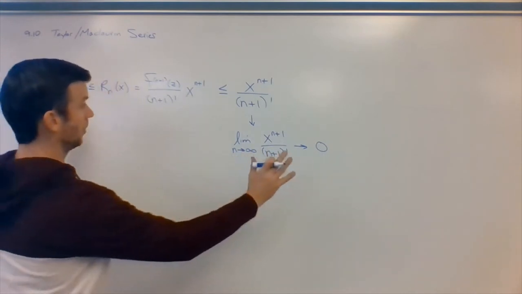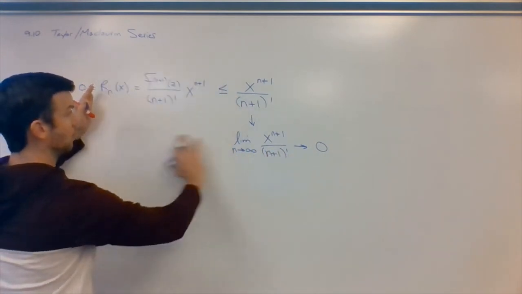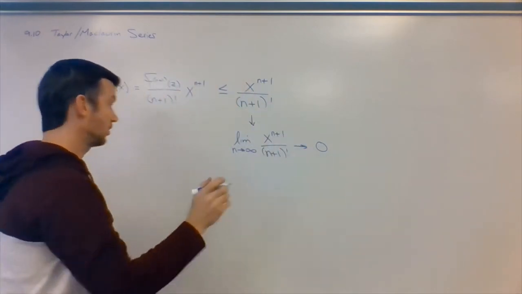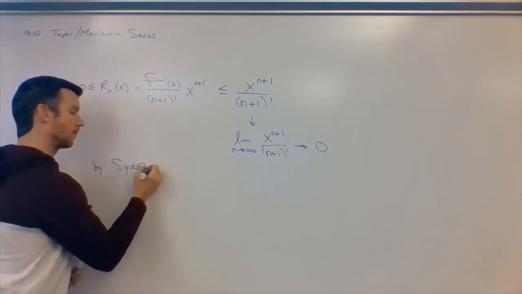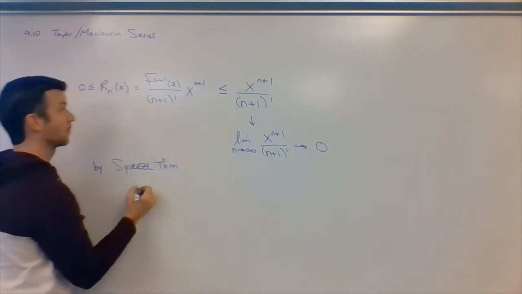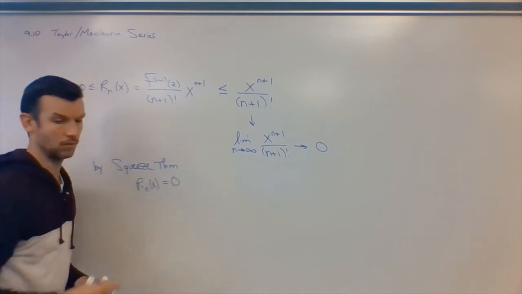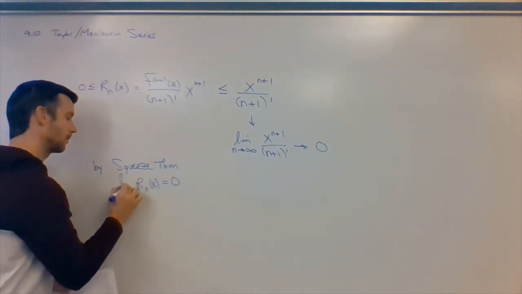So if you see what we have set up here, we have 0 is less than or equal to this middle mess, which is less than or equal to 0. So by the squeeze theorem, our remainder is 0 as n goes to infinity.